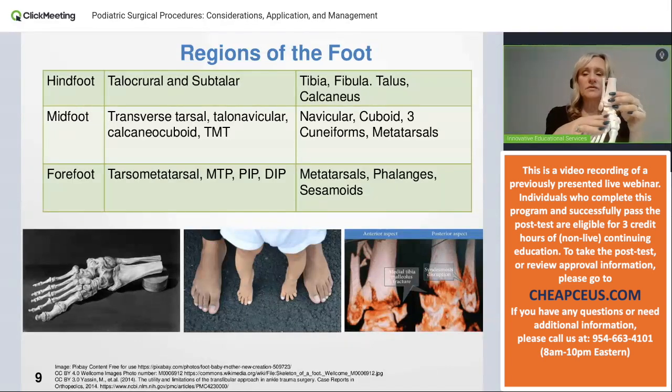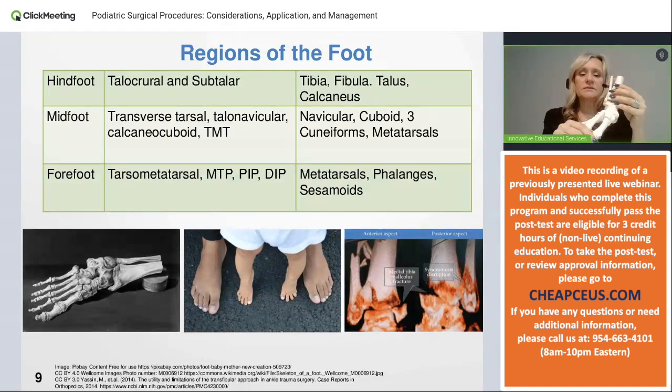We have our midfoot region next. Those are all of our tarsal bones. We have our navicular that is medial here that we are looking at for that arch height when we talk about pes planus surgeries. And then we also have our cuneiforms and then our cuboid out laterally. And also in our midfoot, we are going to have those metatarsals.